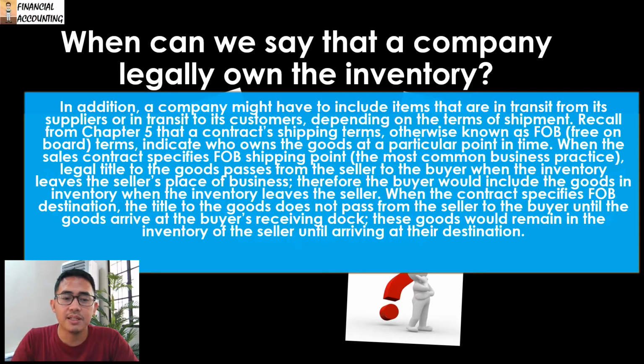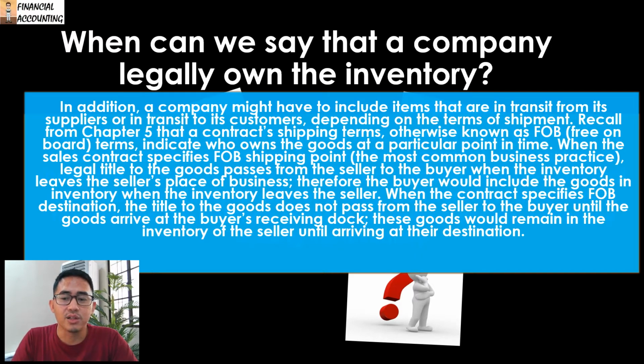Meaning by the time that the goods leave Cebu City for shipping to the buyer, there is already transfer of ownership. Meaning, while the goods are still in transit, the buyer is already the owner of the goods. Because the transfer of ownership happens upon shipment. But if the agreement is FOB destination, okay, the transfer of ownership happens when the items arrive at the destination.